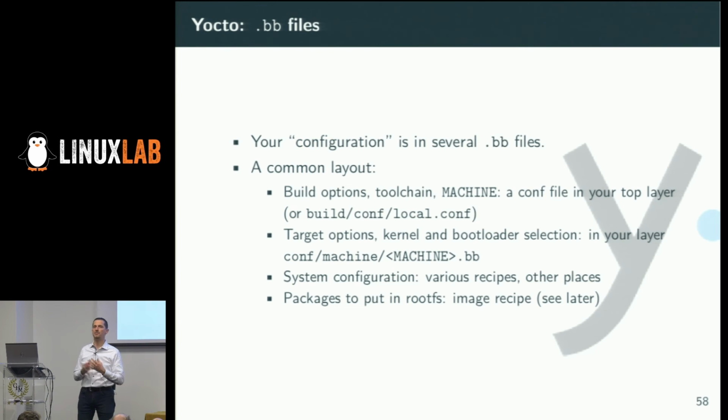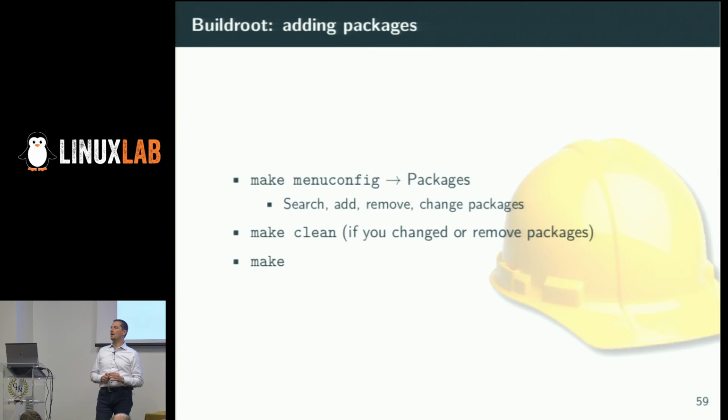So a recipe for your image where you tell it what packages you want in. The same thing that in Buildroot is in a single file, in Yocto is scattered in several places, so you have to organize your files in a way that suits your needs.